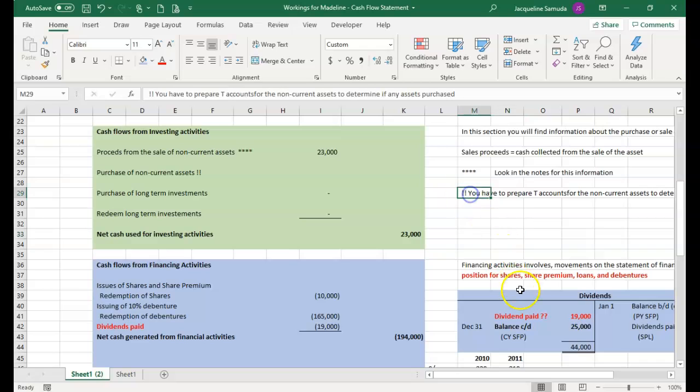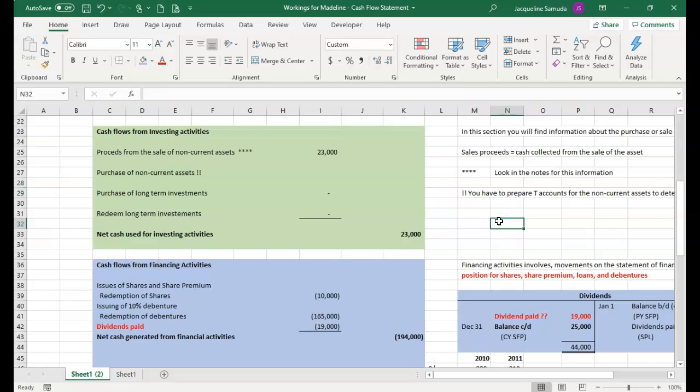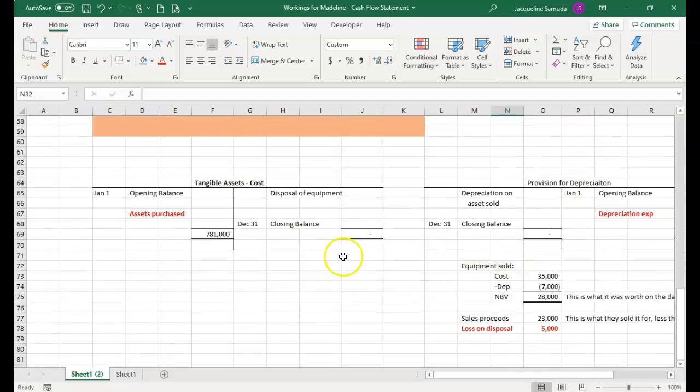You have to go and check it. So I say here that you have to prepare T accounts for the non-current assets to determine if any asset was purchased. So you must always do this check. So let us go now to find that out. So this is where I had the T account last time.